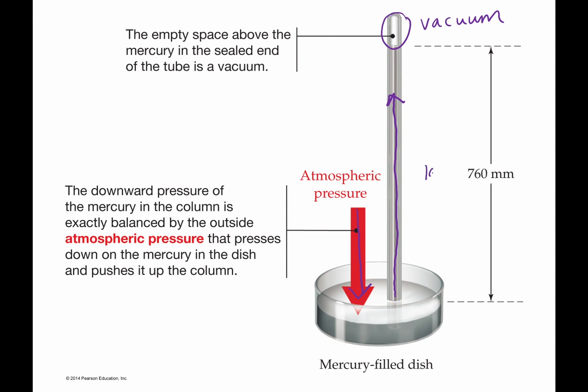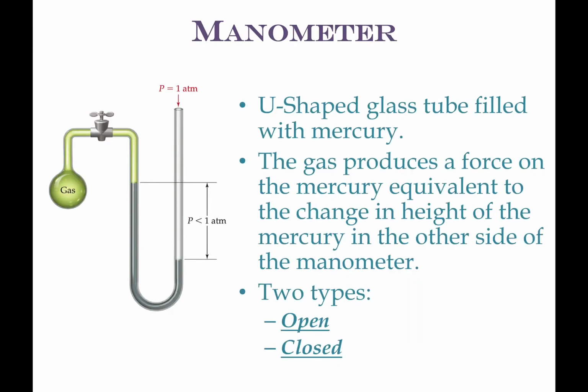At 1 atmosphere, the height of the mercury is 760 millimeters. That's where 760 millimeters of mercury comes from. If the pressure were lessened, if this were to not push as hard, the mercury in the tube would go down and it would be less than 760. So that's how a barometer works, and that's where the 760 comes from.